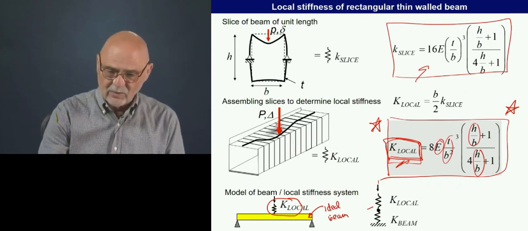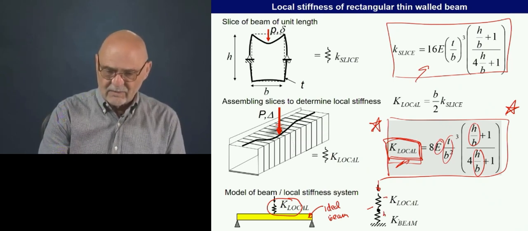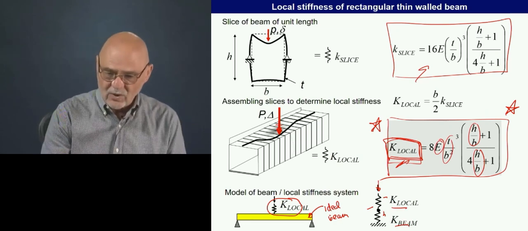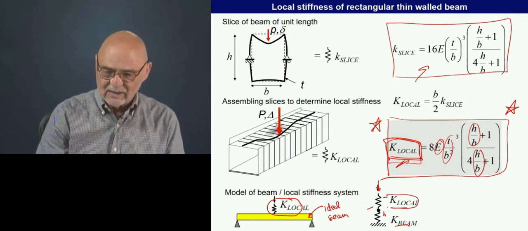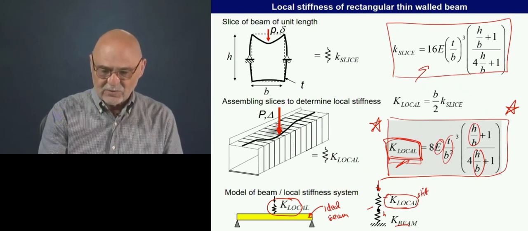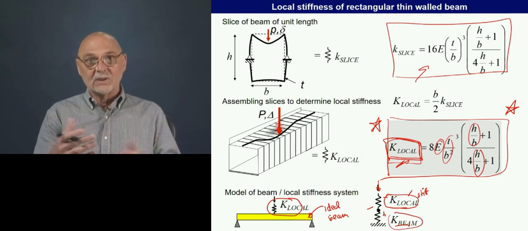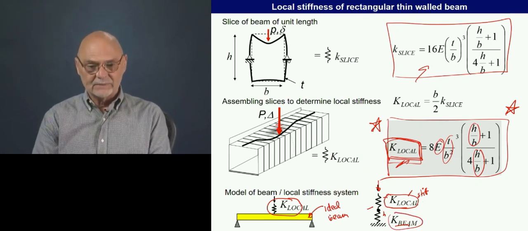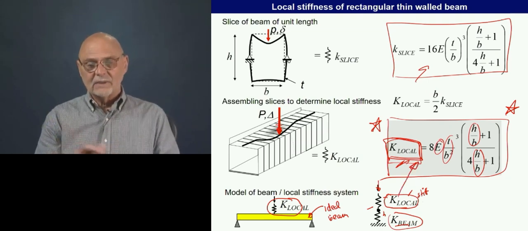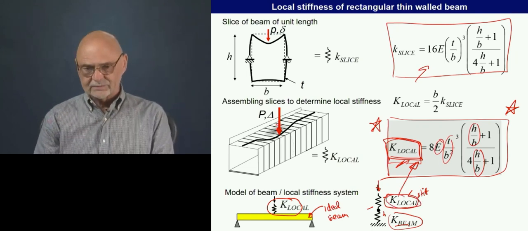So we're pushing down here, and we're measuring not only the distortion of the beam itself, but also the local distortion of the section. Of course, we don't want that, we would like this to be really stiff. So if that's really stiff, then all the flexibility is in the beam, just as we originally imagined it. And this equation, at least for rectangular sections, is the value for that K local.